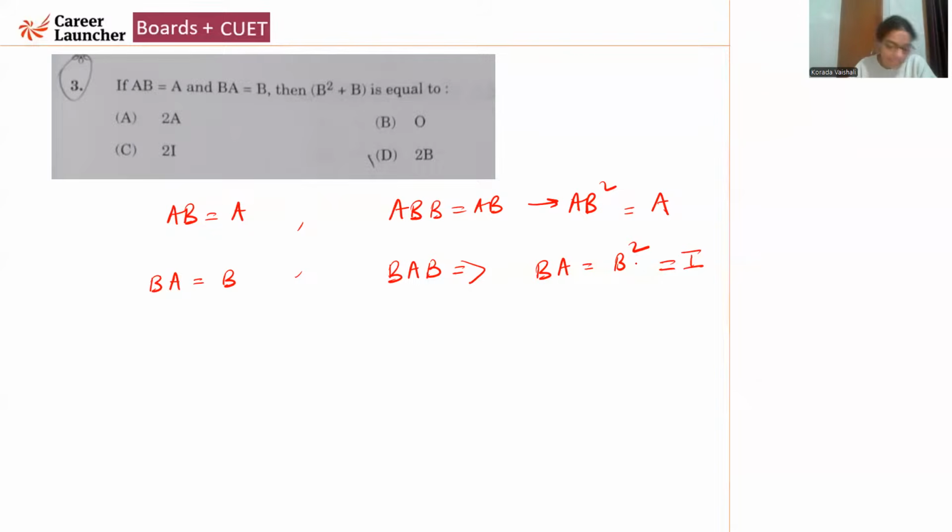So substituting the values of B square and B, what you are going to get is that B square plus B is equal to I plus I, which is equal to 2 times I. So now I'm just writing the basic steps which were required to solve this question. And the answer for this question is going to be option number C.